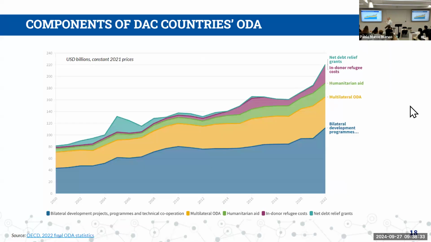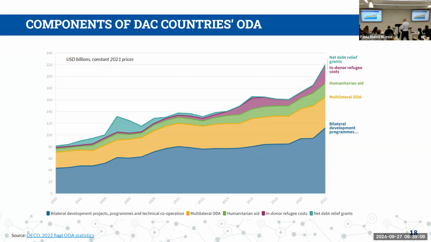Now, for your information, if you look at ODA, where is the money going? Most of the money is going to bilateral development programs, so basically government to government. The French government is providing financial support to the Liberian, or Ghanaian, or Indonesian government. Then a large and important part is going to multilateral ODA. That means the donor country gives this money to a multilateral organization, which can be the United Nations or a multilateral development bank.